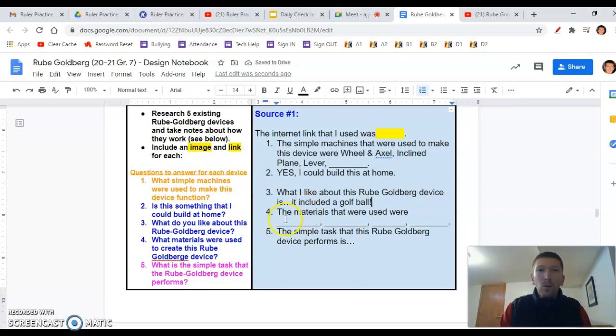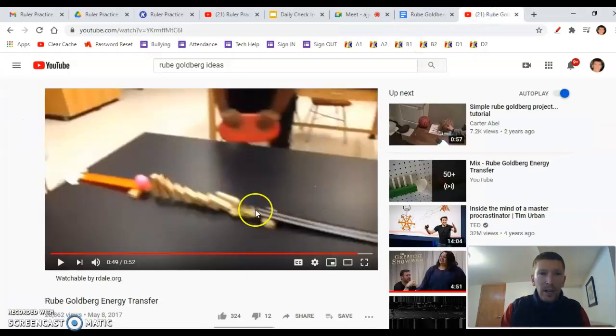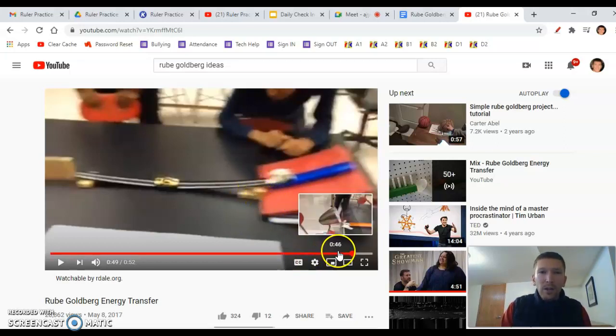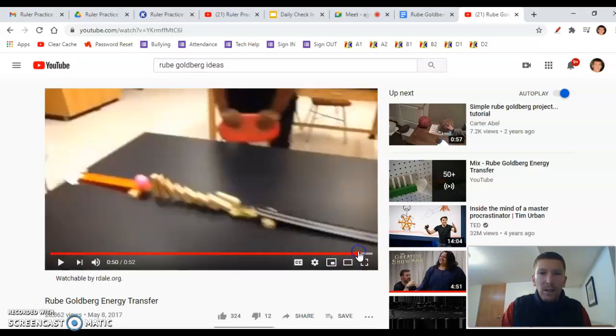The materials that were used, so when I go back here and look, there were dominoes, a golf ball, it looks like this is some type of a racetrack, and this is a binder. So looking at all the little details, it's a binder, and then you can see there's something stacked underneath the track here to kind of elevate it. So I'm going to write a couple more of these ideas down.